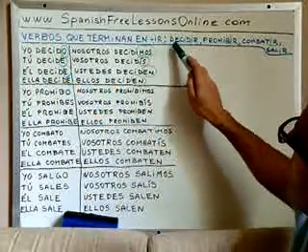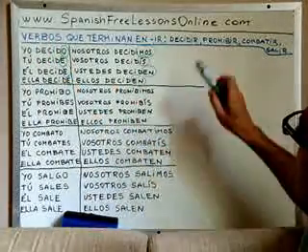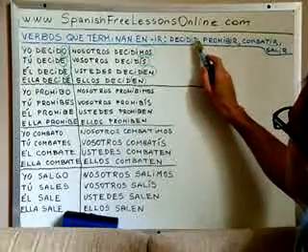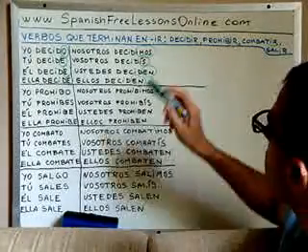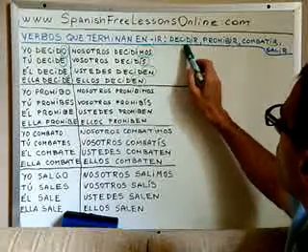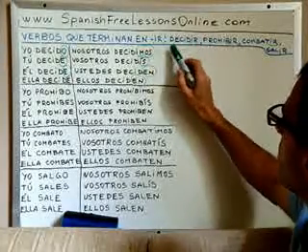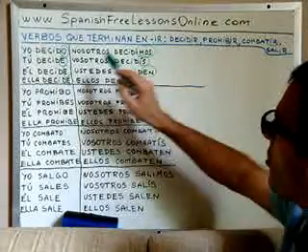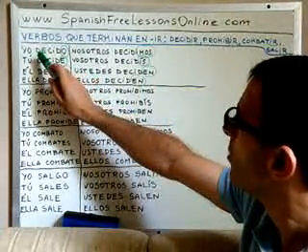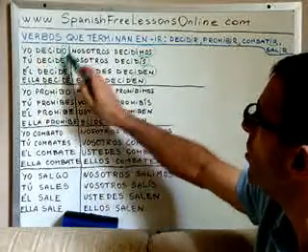For the verb decidir, that will be our first verb, look at this. The ending of the verb is ir, and the root of the verb is what comes before the ir. The root of the verb is going to remain the same for all the cases.